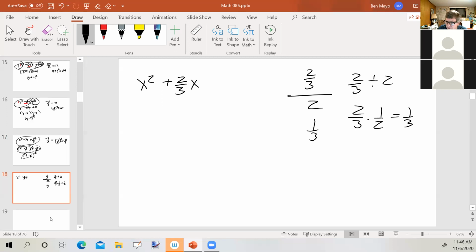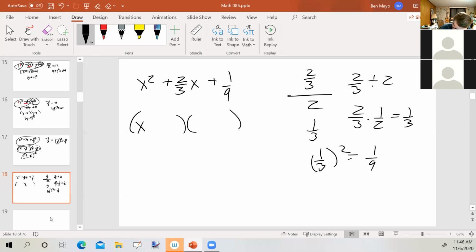Half of 2/3 is 1/3, right? Yes. Now we're going to square that, which gives us 1/9. We're going to add 1/9. So that is a perfect square trinomial. We squared 1/3, so there are the two factors, and there it is written in that form. We okay with that? Yes.